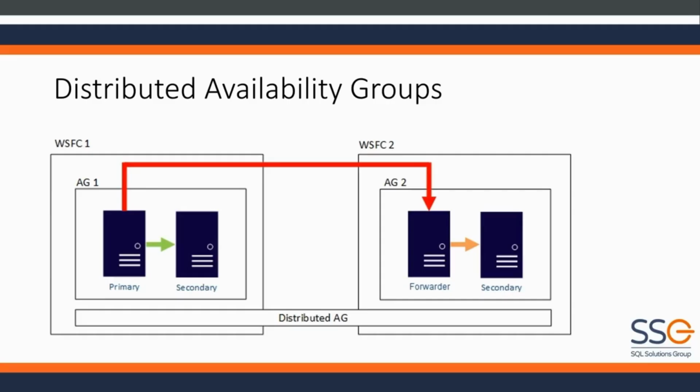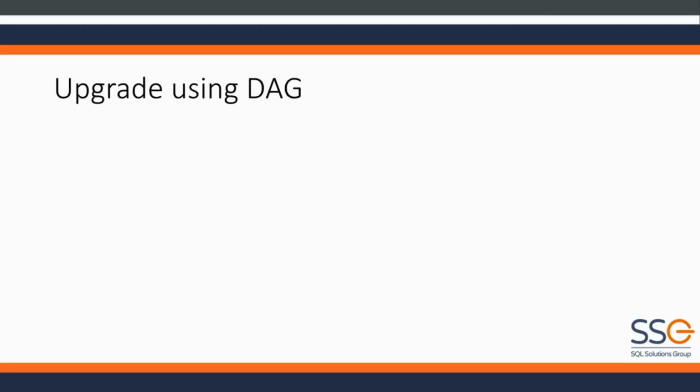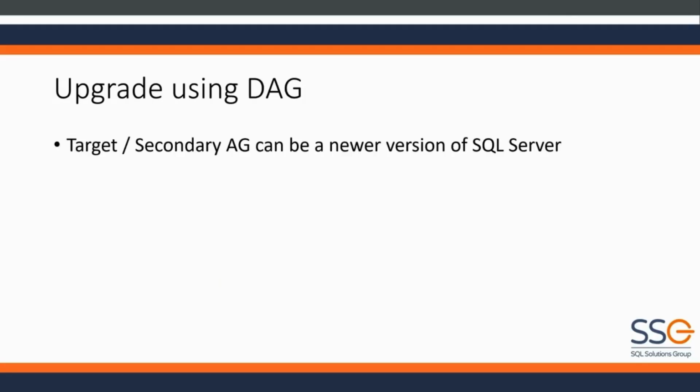And so the way this works is the target, or what we call the secondary AG, can be a newer version of SQL Server. It can be a different version of Windows. Distributed AGs are a 100% SQL Server concept.